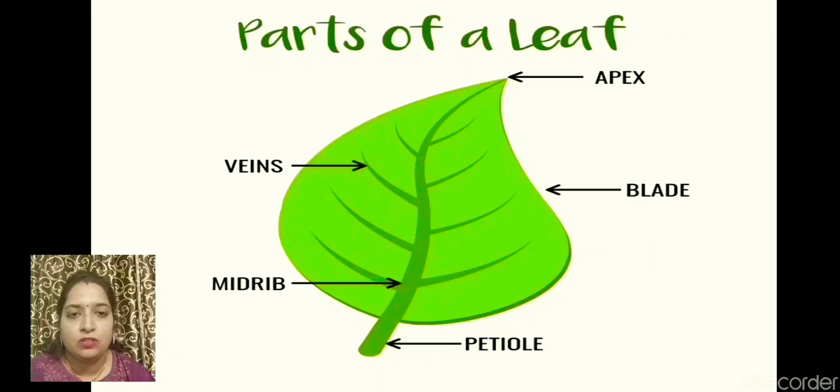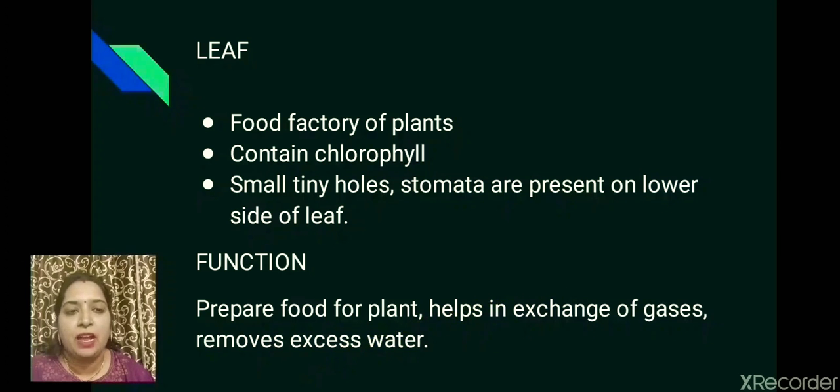And also a stalk by which leaf is attached to the stem. Leaf is called food factory of plants and it is also known as kitchen of the plant. Leaves contain chlorophyll. And leaves also have small tiny holes which are called stomata, which help in exchange of gases. What are the functions of leaf? It prepares food for the plant, it helps in exchange of gases and it removes extra water.